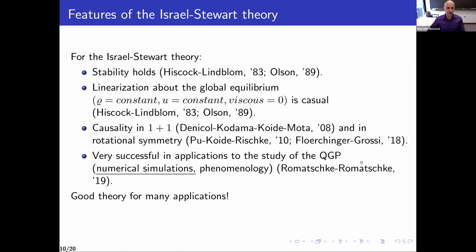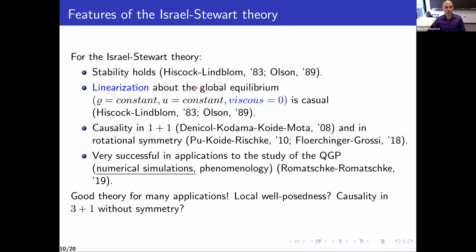In any case, it's a good theory, good for many applications, but again, mathematically, we want to know some basics. You want to know if the equations are locally well-posed, right? That's a very basic question. And also, you want to know that the theory is causal in 3+1 dimensions without symmetry assumptions, the general case, especially because the general case is what people actually use in the numerical simulations. Okay, so that's an important question.